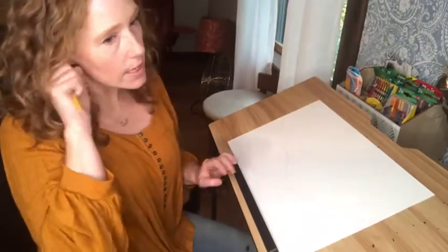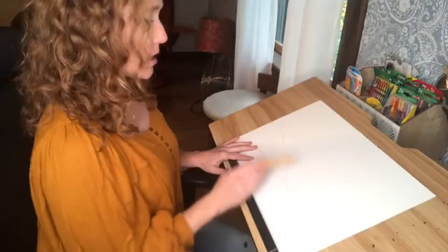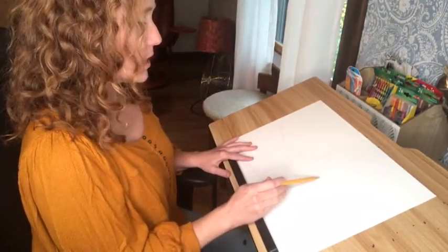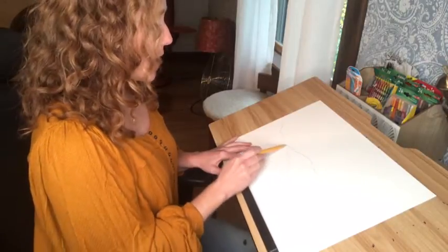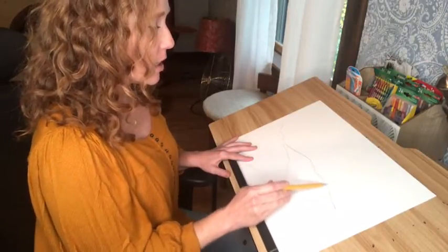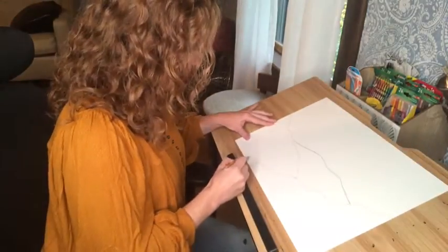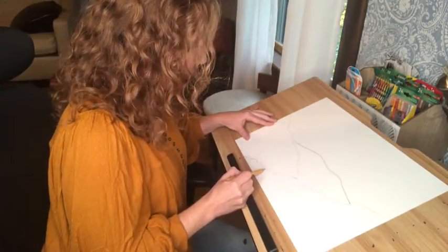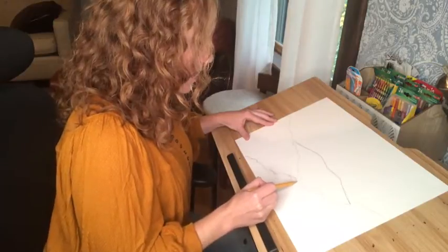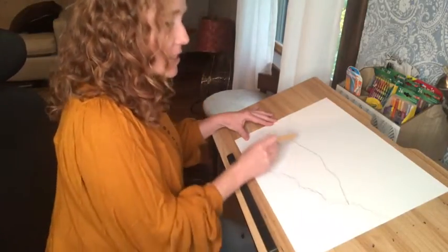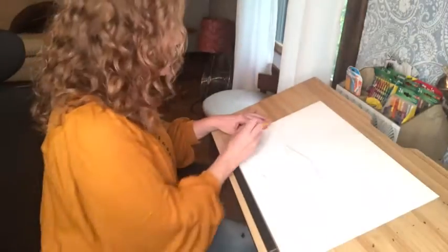Let's see, now I can do the mountains that are getting a little bit further back in the distance. Maybe I'll kind of start with one here. Now, as I go back in the distance, I want these to be a little bit less bumpy because you're seeing less of the individual trees. Like this one, it's kind of got these roundish sort of shapes, and then as they go back in the distance, they're gonna start smoothing out.